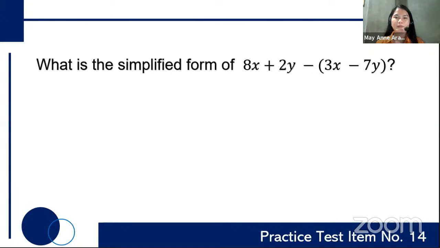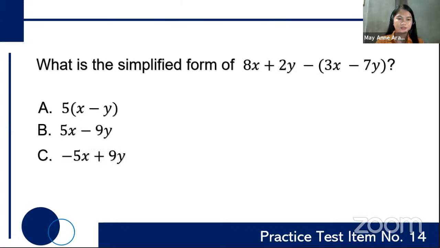Okay, what is the simplified form of 8x plus 2y minus quantity of 3x minus 7y? So we have A, 5 times quantity of xy, so B, C, and D. Okay, answer na tayo.